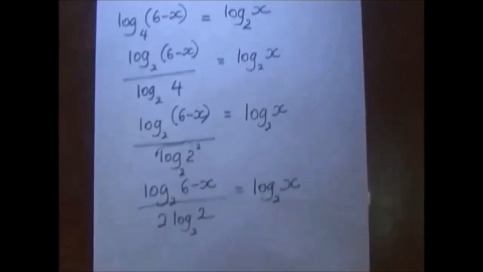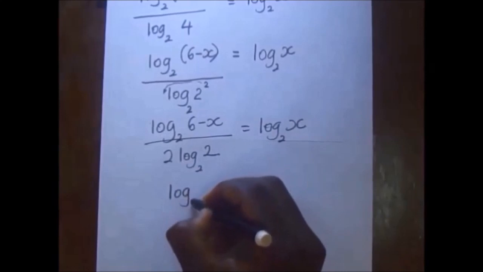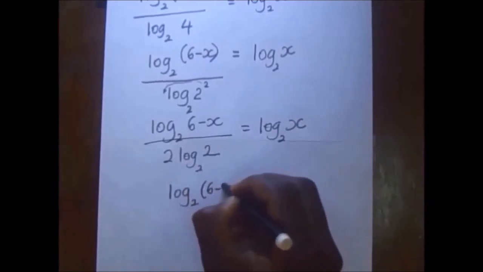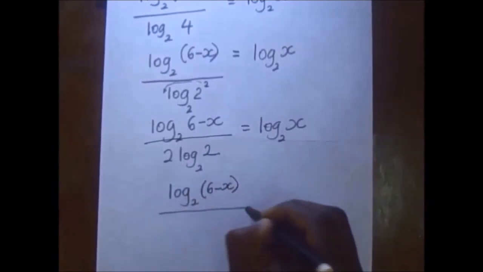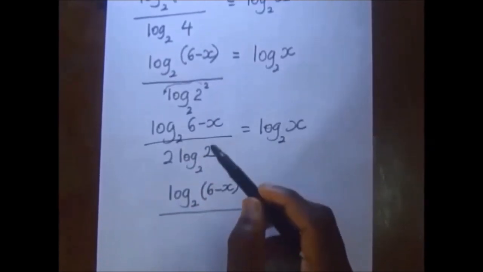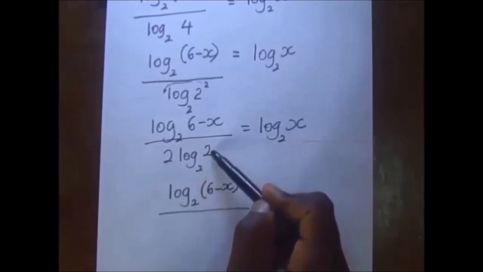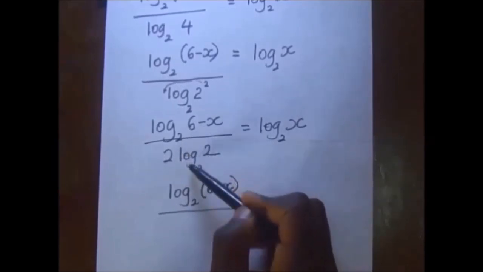So we continue with our calculation. That will become log base 2 of 6 minus x, divided by, now we said in our laws that when you have a logarithm whose base and number are the same, that is equal to 1.